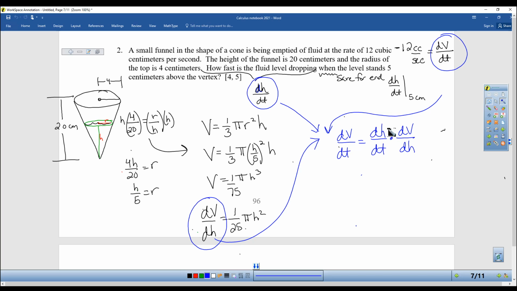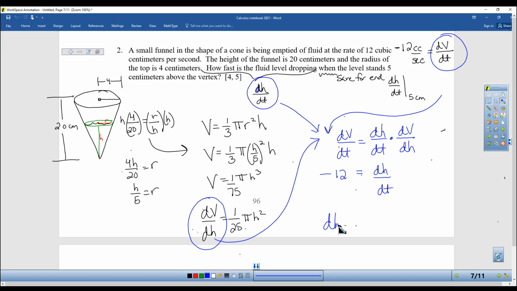So are the two sides the same? Yes, because the dH cancels, the two sides would be the same. So I've made my little chain rule, and the next step is to fill it in. dV dt is -12. dH dt is what I'm trying to find. And by the way, since dH dt is what you're trying to find, that unfortunately is how people try to start their chain rule.